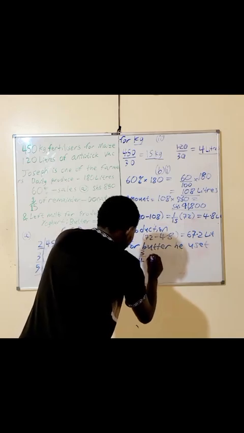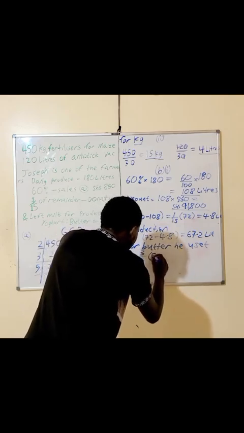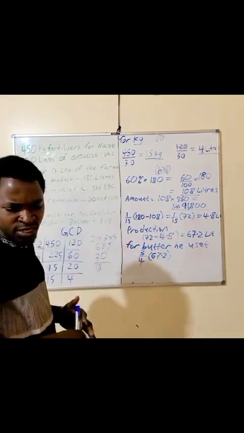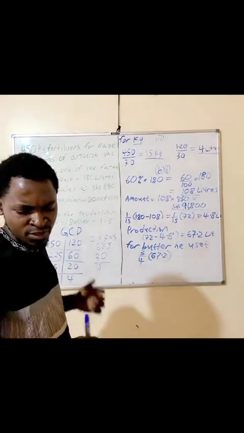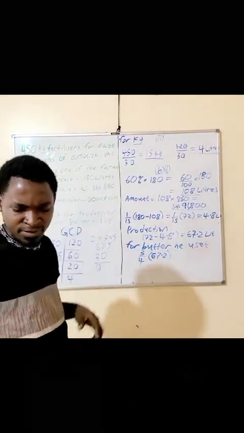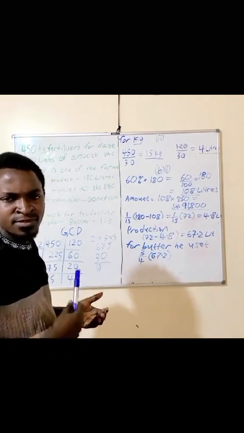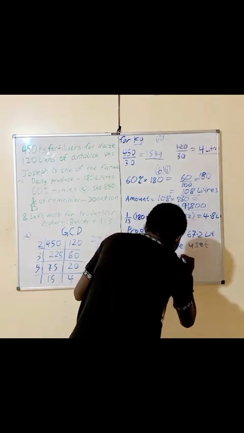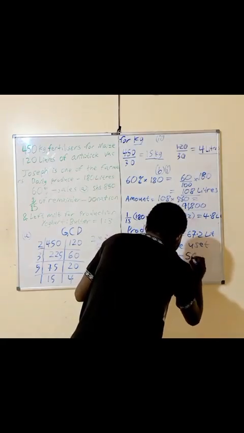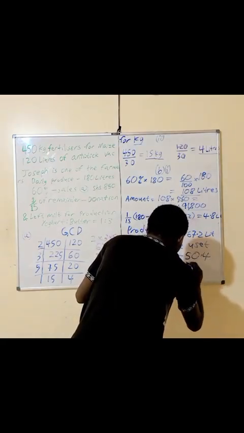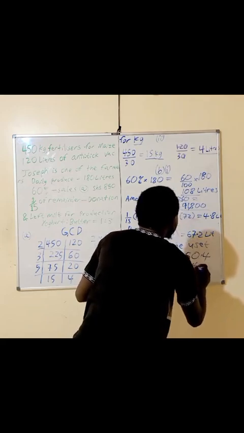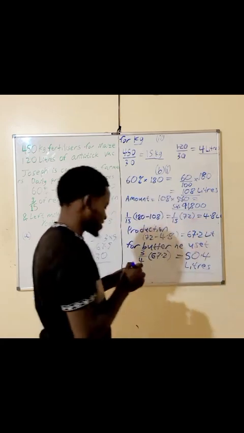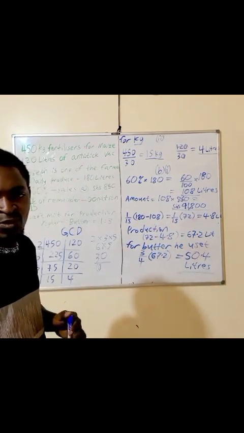It is 3/4 of 67.2 liters. Then place it on your calculator and give me the answer. The answer is 50.4 liters. So he used 50.4 liters to make butter.